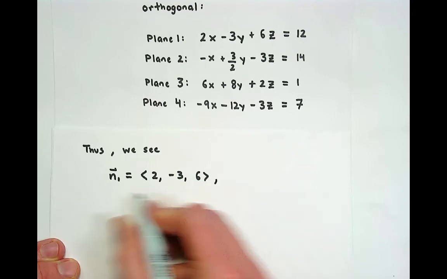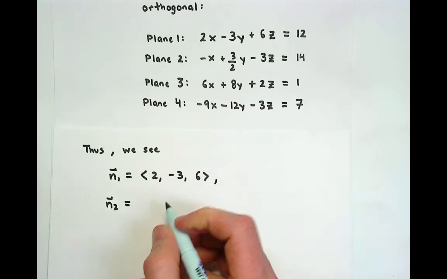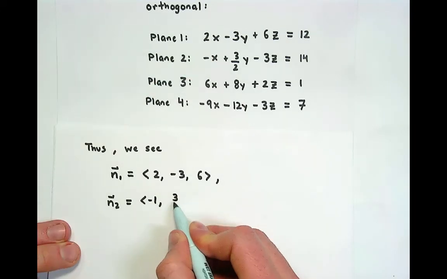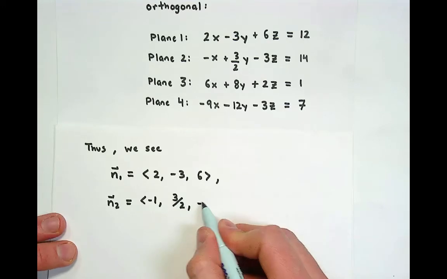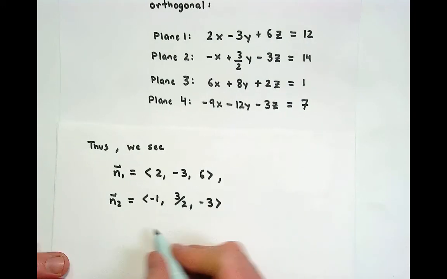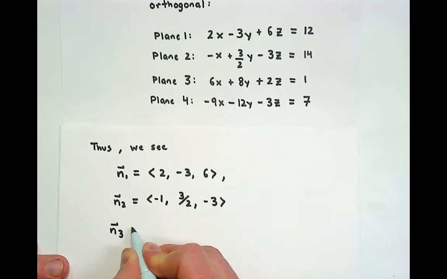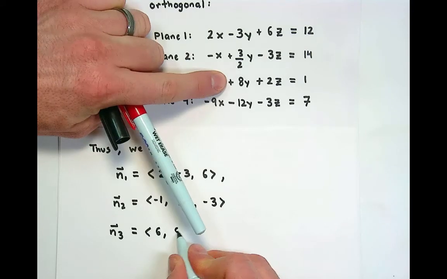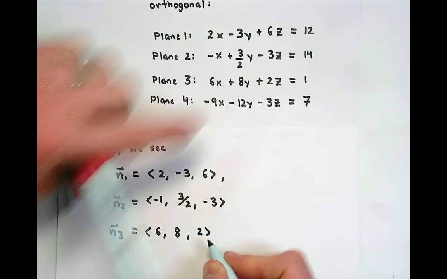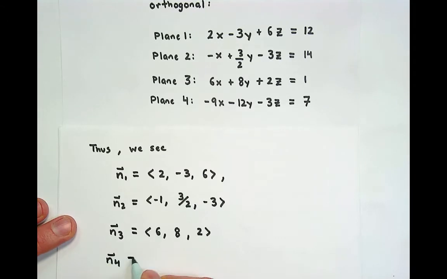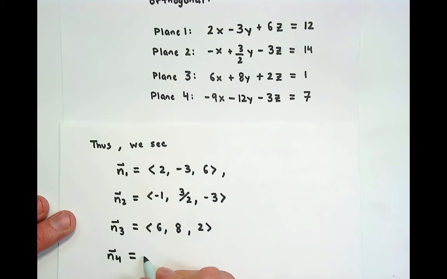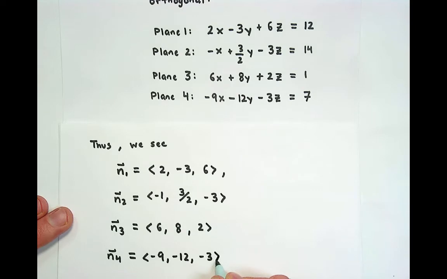When we go on to n2, which is the normal vector for the second plane, we see that this would be -1 in the first component, 3 divided by 2 in the second component, and -3 in the third component. n3, the normal vector for plane 3, would be given by 6, 8, 2, and finally we say that the normal vector in the fourth plane is -9, -12, -3.